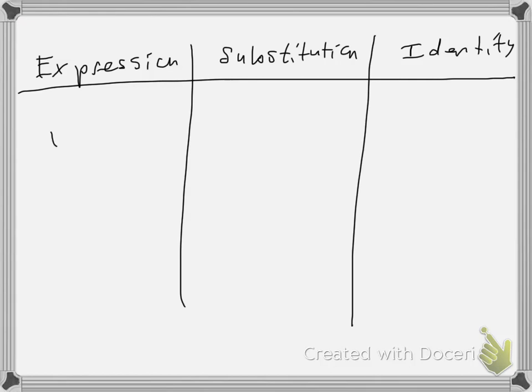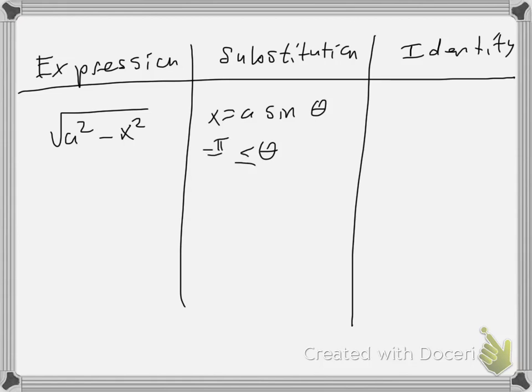So if we have an expression, the square root of a squared minus x squared, our substitution will be x equals a the sine of theta, provided that the theta is between negative pi over 2 to pi over 2. And the identity that we're going to use is 1 minus the sine squared of theta equals cosine squared of theta.